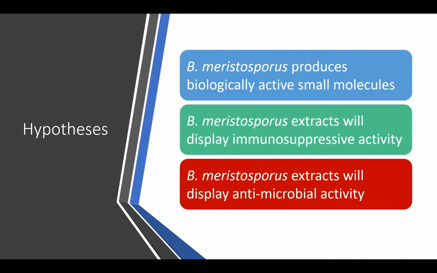So this is really the first time that people are looking for the actual production of these compounds that have predicted gene models. And then the second and third are a little bit more specific and build on that: extracts of these small molecules will display an immunosuppressive activity and will display an antimicrobial activity.